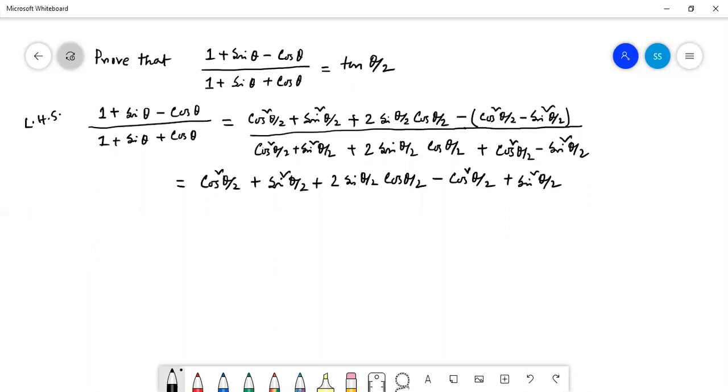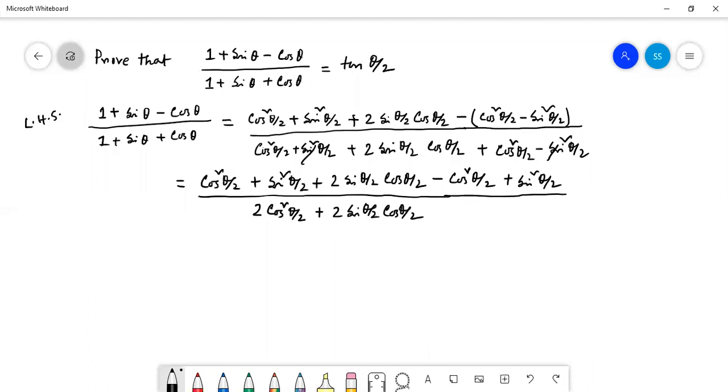In the lower half, this minus sin square theta by 2 and this plus sin square theta by 2 cut, so it will remain only cos square theta by 2 plus cos square theta by 2, that is 2 cos square theta by 2, plus 2 sin theta by 2 cos theta by 2. Now in the upper half, this minus cos square theta by 2 and plus cos square theta by 2 cut.